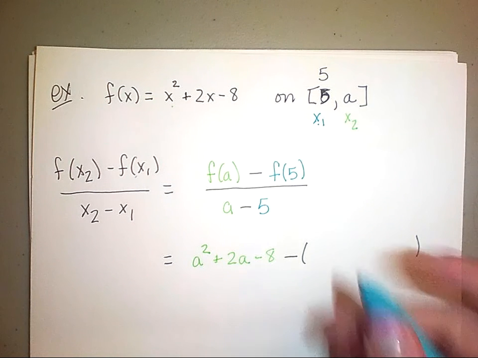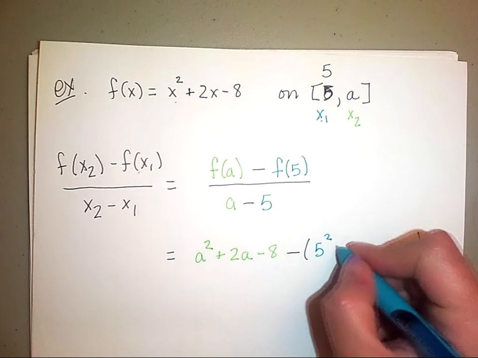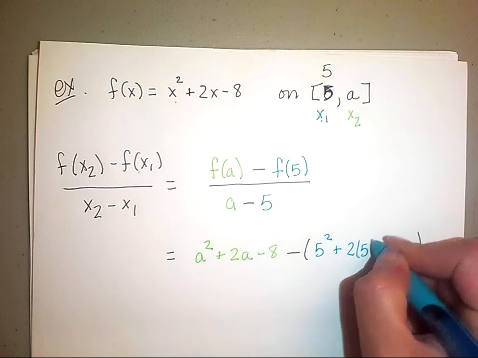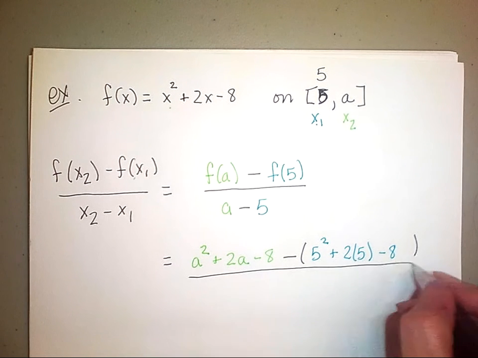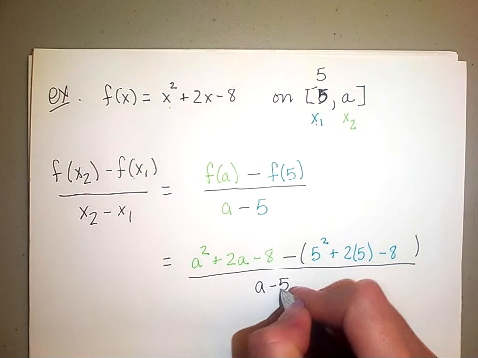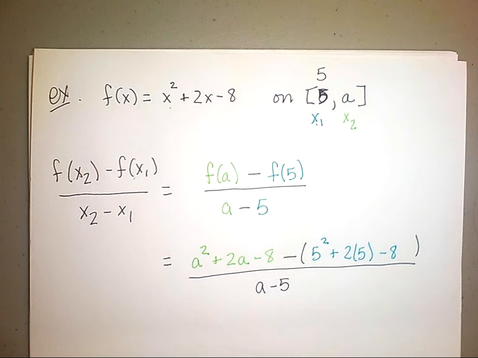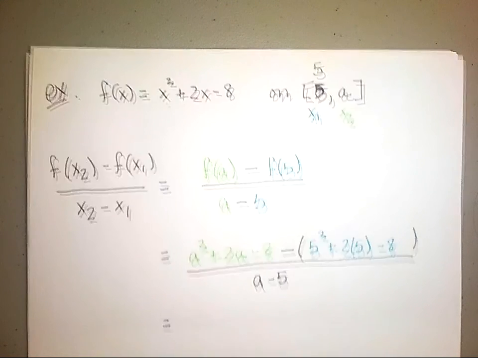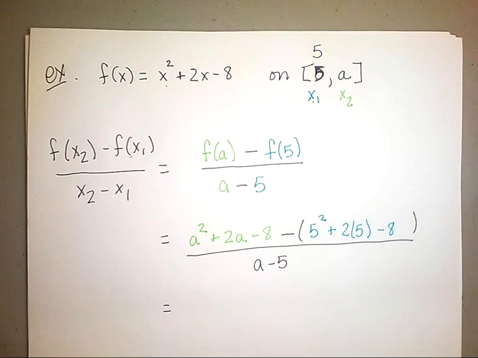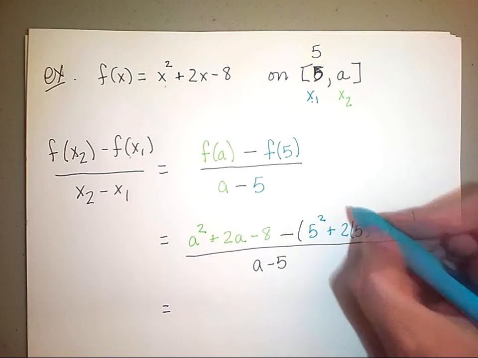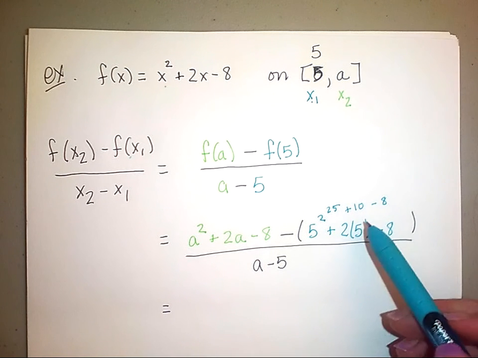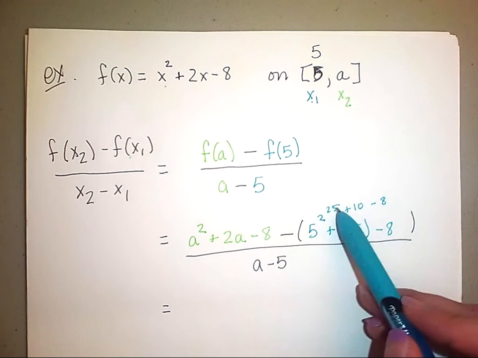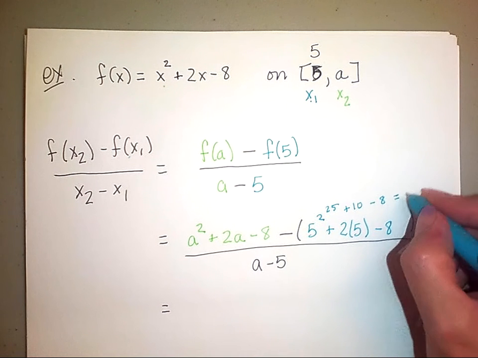Now I actually have to evaluate and find what f of a is. Well, if f of x is x squared, then I'm just going to do a change in variables. F of a is a squared plus 2a minus 8. And then I'm going to subtract off the function evaluated at 5, which is 5 squared plus 2 times 5 minus 8, all over a minus 5.